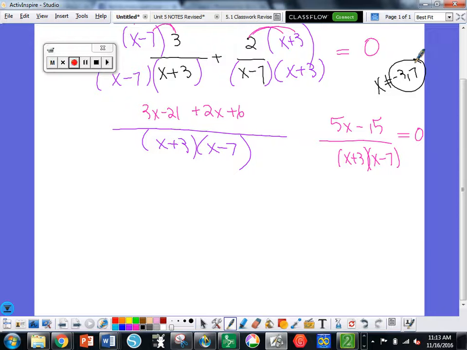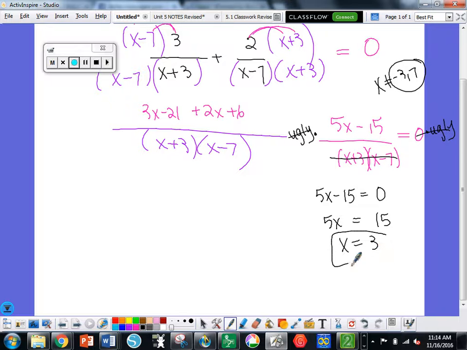So solving this, I'm going to multiply both sides by whatever ugly is on the bottom. The ugly cancels with the ugly. So we get 5x minus 15 equals 0, which means 5x equals 15, which means x equals 3. Can x equal 3? So that is my solution.